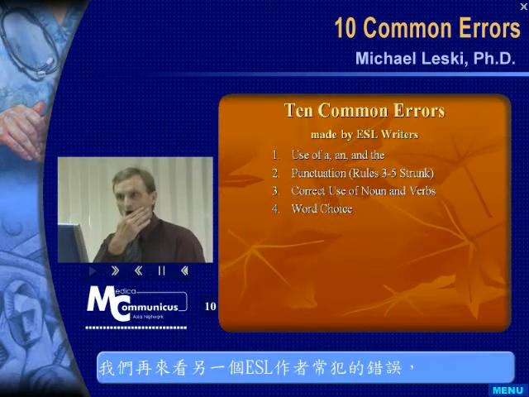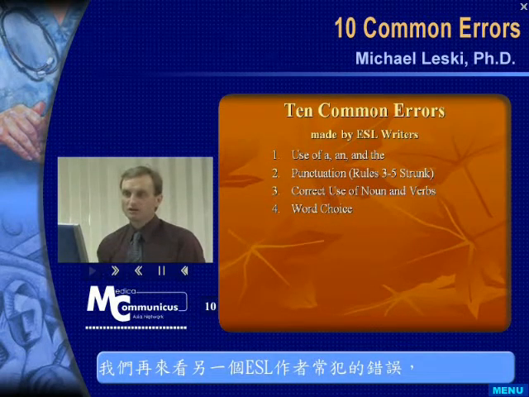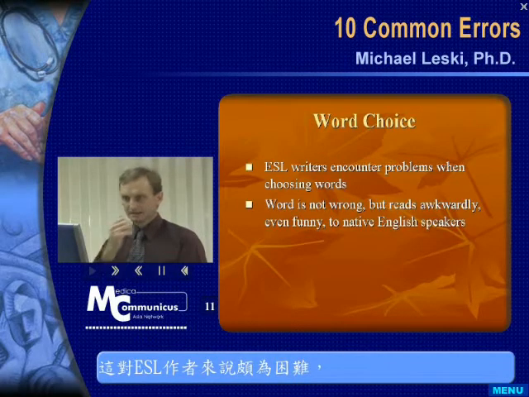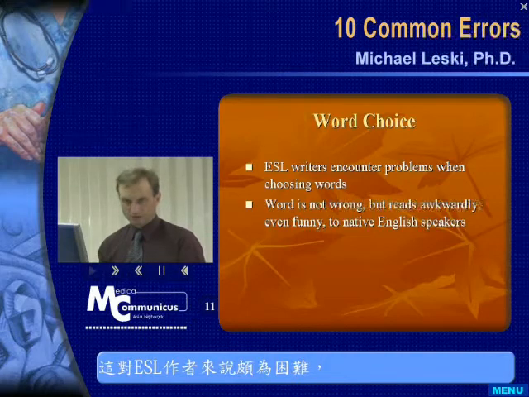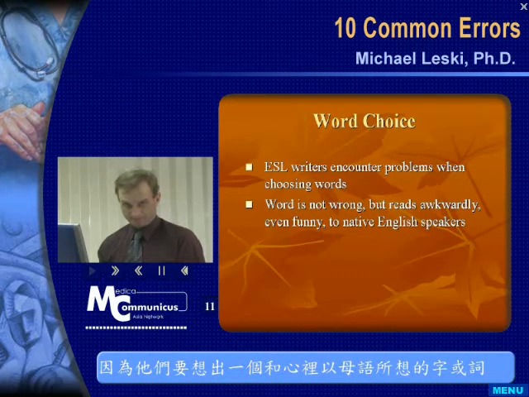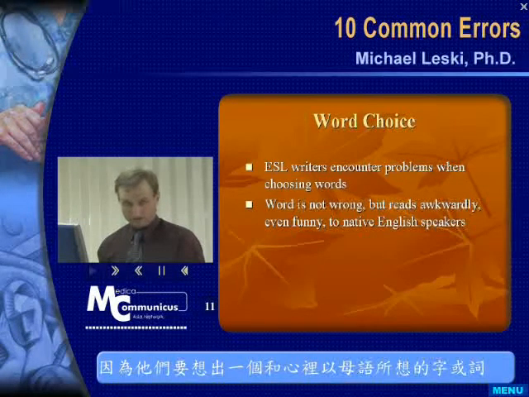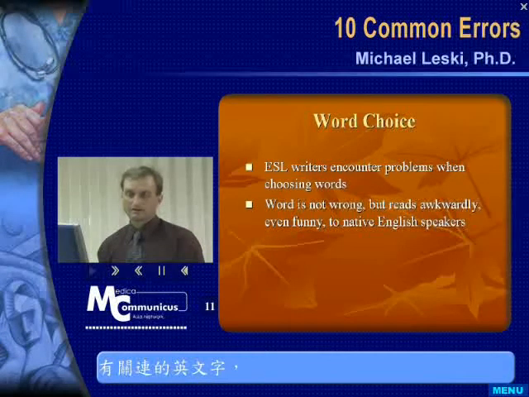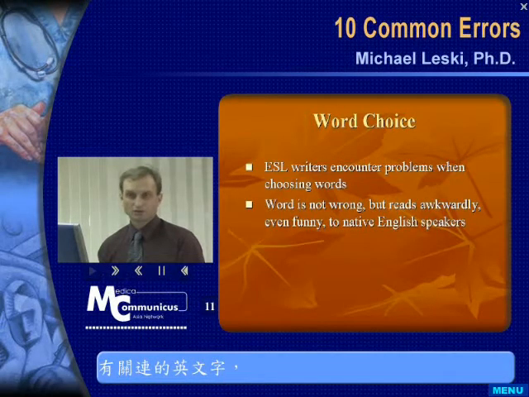In our next slide, we see another of the common errors that are made by ESL writers. And this is the issue of word choice. This is a difficulty that all ESL writers face as they try to think of a word in the English language that is relevant or related to the word that they are thinking in their native language.